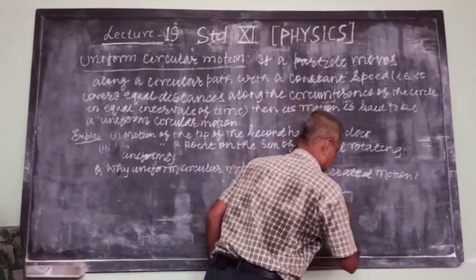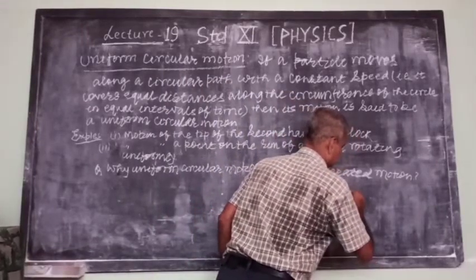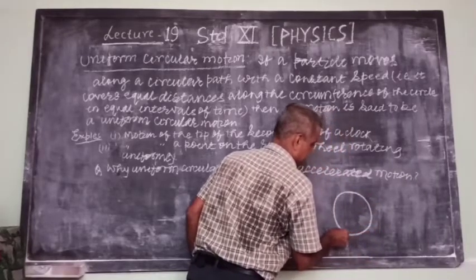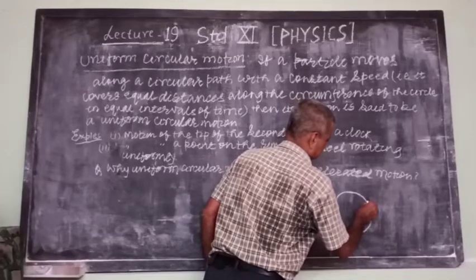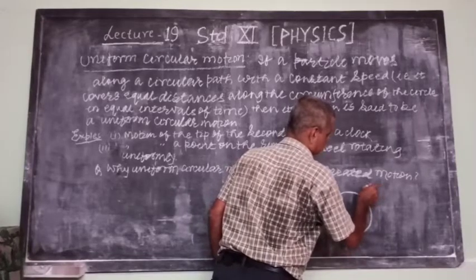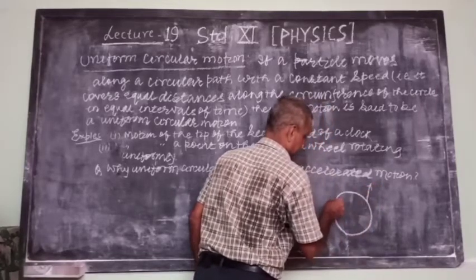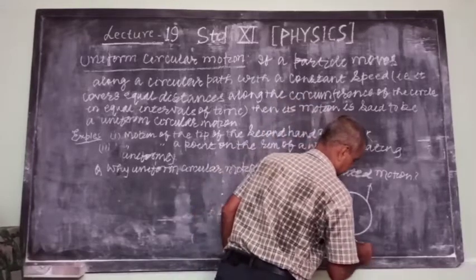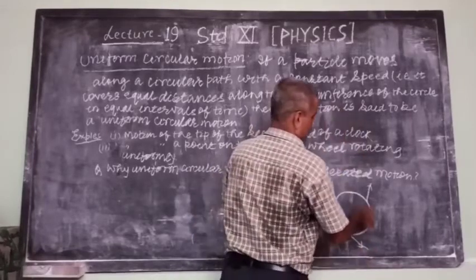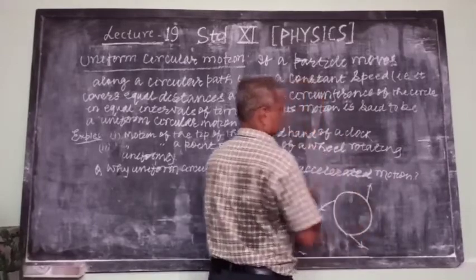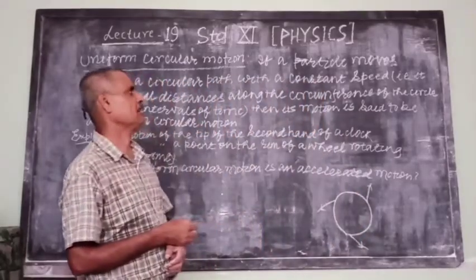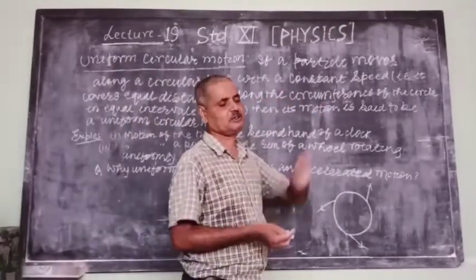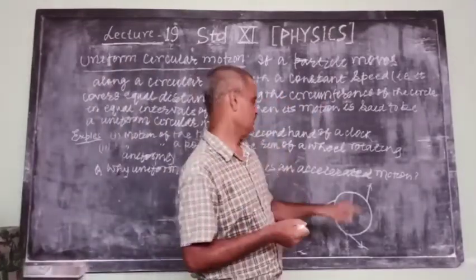You have seen the circular path. In the case of a circular path, the particle moves with constant speed.